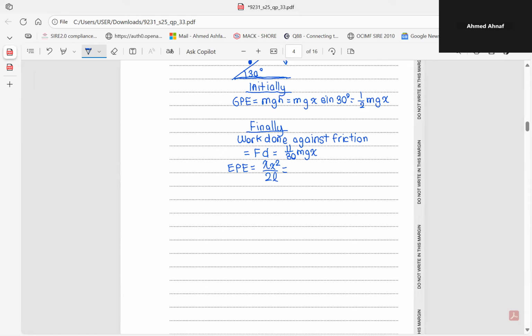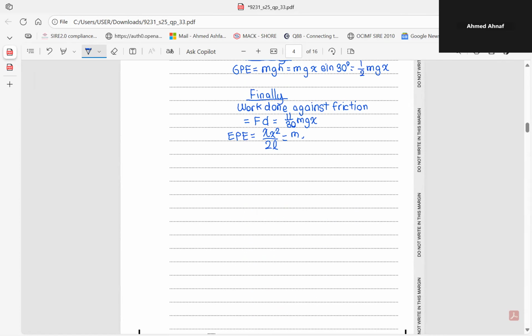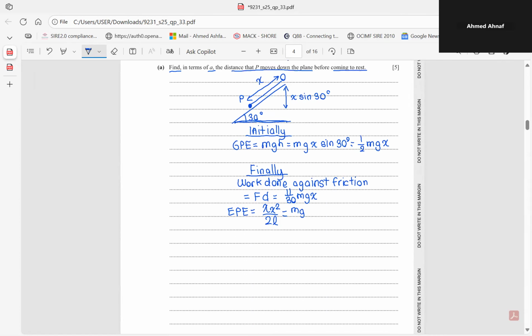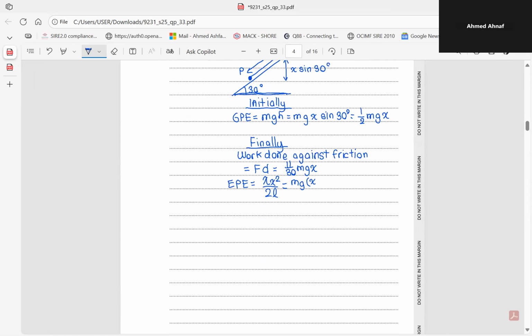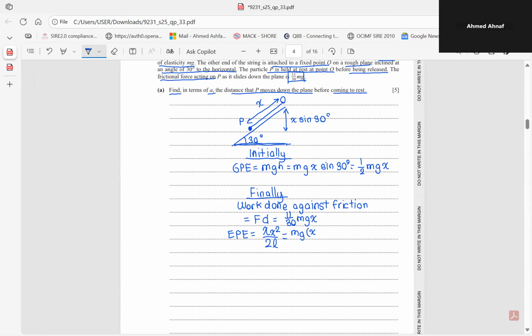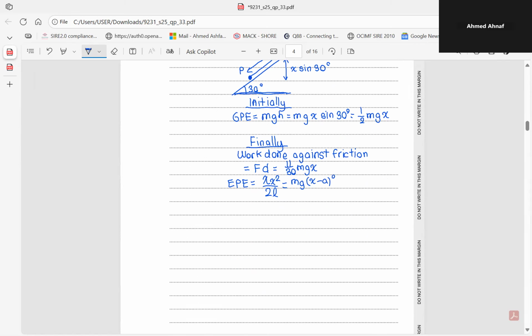Lambda is our modulus of elasticity, which is mg. x is the extension, not the x we have defined. So that's going to be x minus the natural length, which is a, squared, over 2L. L is the natural length, so it's just 2a.